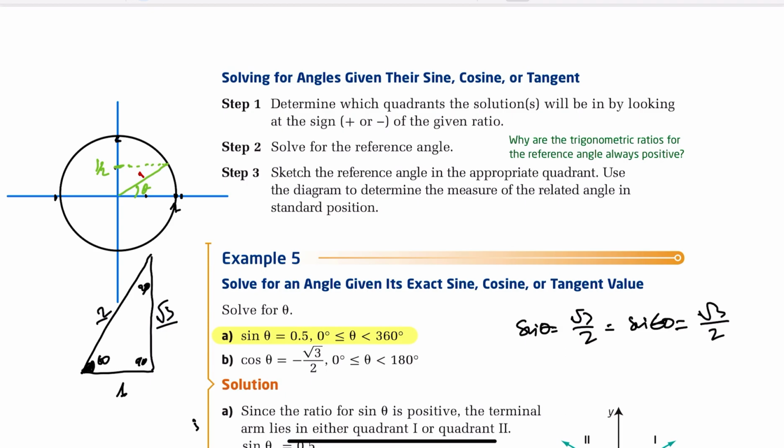And the cos of 60 is 1/2, and the sine of 30 degree is the opposite, which is 1/2, and the cosine of 30 is square root of 3/2, and this is exactly what we have here.